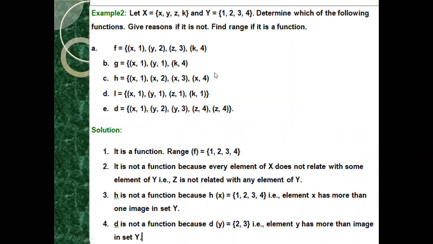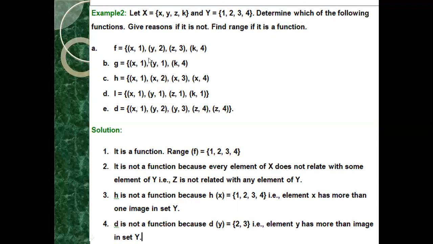Next example. Let X is equal to {x, y, z, k} and Y is equal to {1, 2, 3, 4}. Determine which of the following are functions, give reasons if it is not, and find the range if it is a function.